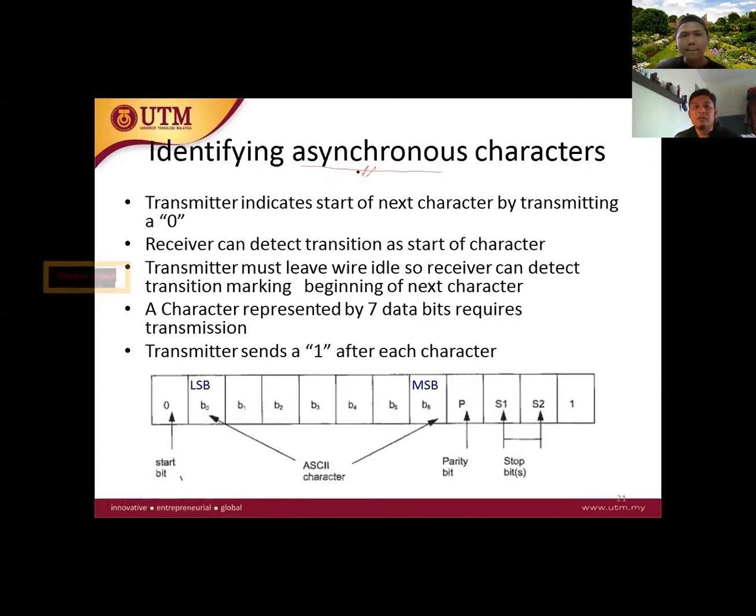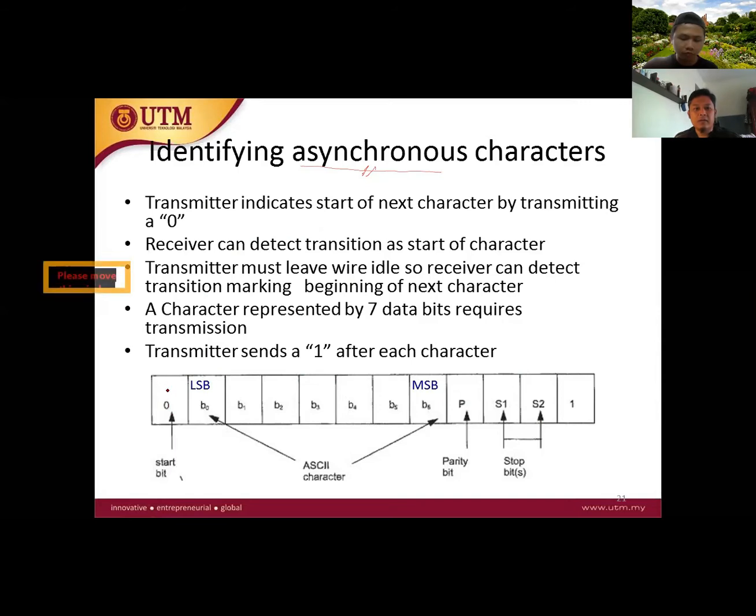Okay, so in other words, it is some form of non-real-time communication system, or data transfer. So the transmitter indicates the start of the next character by transmitting a 0 bit. Okay, 0 bit means this is the layout of the data, in the form of a block.